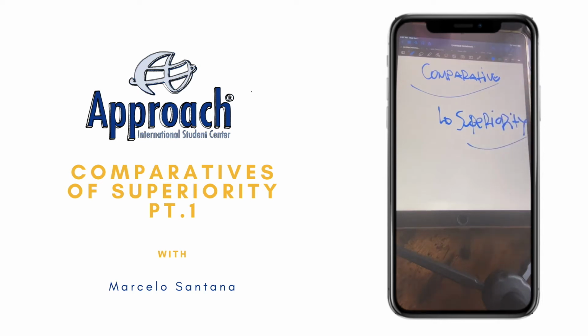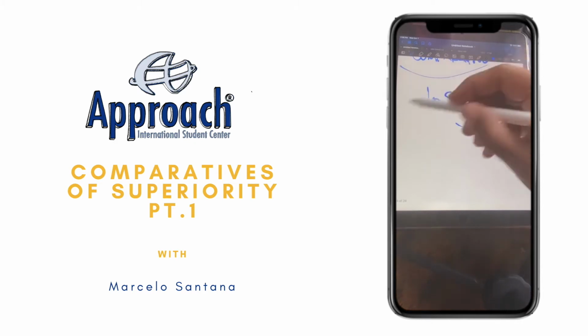The easy one, right? The comparative of superiority is very simple, maybe the simplest one for us to understand, okay? Comparative of superiority.